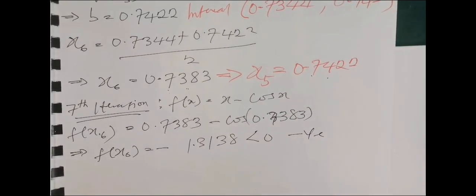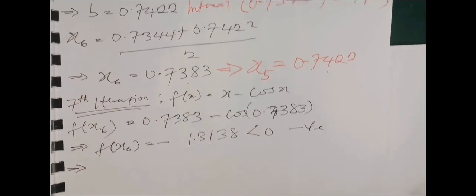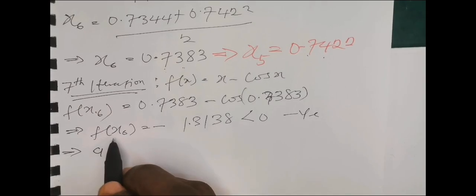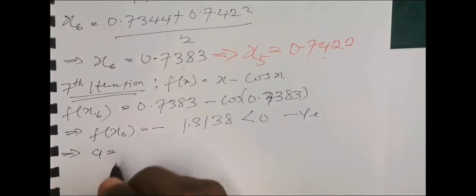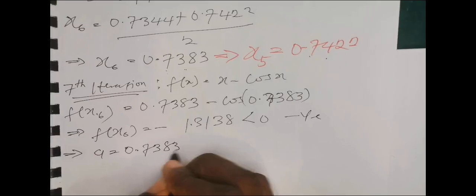Once again, this is negative and less than 0, which means we are now switching the position of a. Since the result here is negative, a is now going to be equal to s6, which is 0.7383.